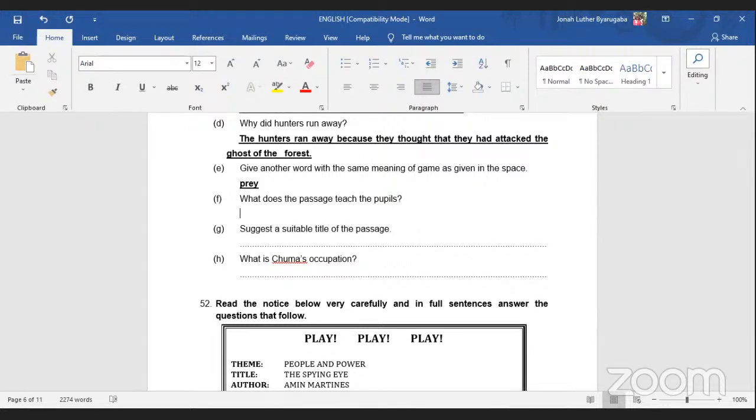Yes, Esther. Leonard, you're going to give it to someone else because Esther is not responding. I'm here. Sorry, I was talking to someone. What does the passage teach the pupils?